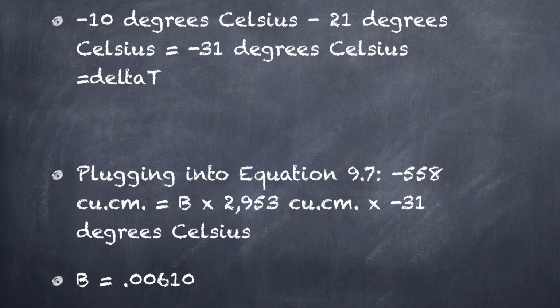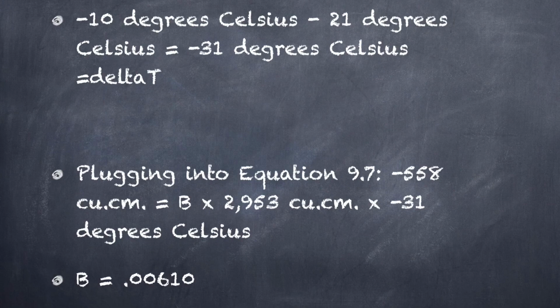Plugging our numbers into equation 9.7 gave us a result of -558 cubic centimeters is equal to beta multiplied by 2,953 cubic centimeters times -31 degrees Celsius. When we solved for beta, that gave us a result of 0.00610, which is the coefficient of volume expansion.